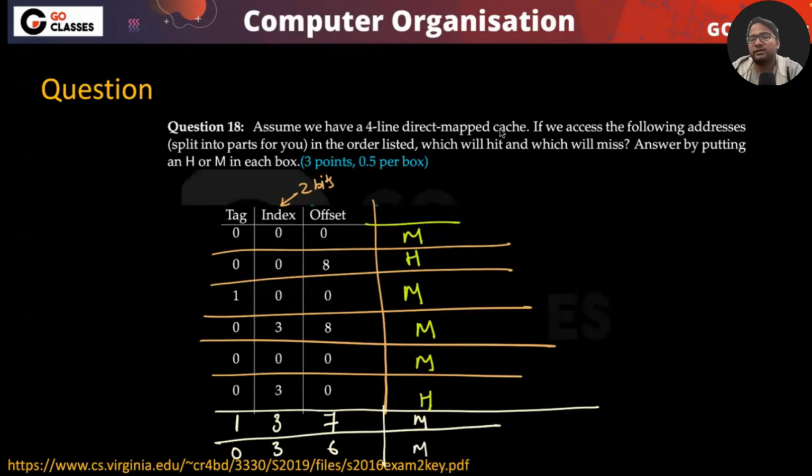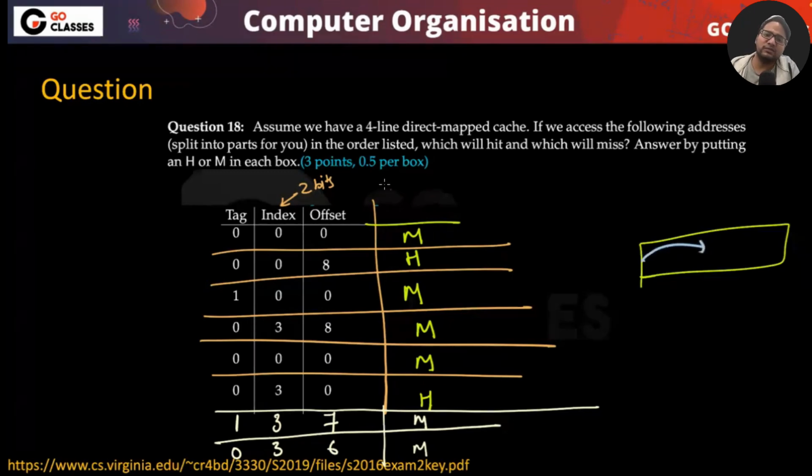No, offset is not of any use here, and it should not be, right? Offset doesn't have any role to play in hit or miss. Why should it not? Because the offset matters only once you hit, once you are sure that the data is here. Then, how far inside the block to go? That's where the offset is important. Otherwise the offset is not important to you.